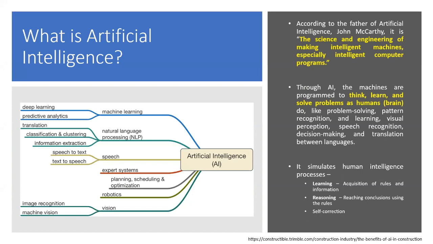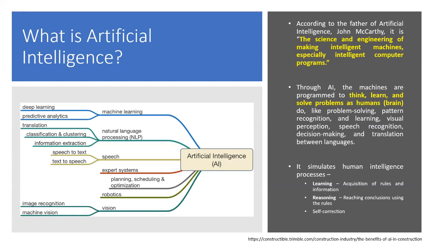What is artificial intelligence? According to the father of artificial intelligence, John McCarthy, it is the science and engineering of making intelligent machines, especially intelligent computer programs. The aim of artificial intelligence is to make machines think, learn, and solve problems as human brains do, like problem solving, pattern recognition, learning, visual perception, speech recognition, decision making, and translation between languages.